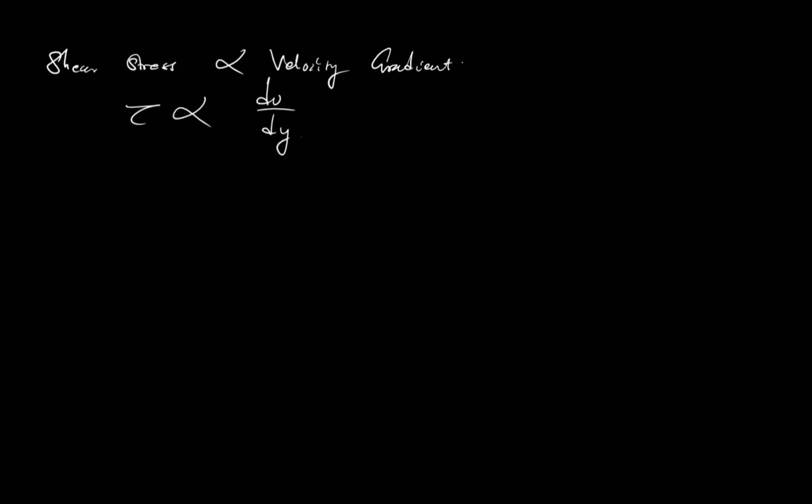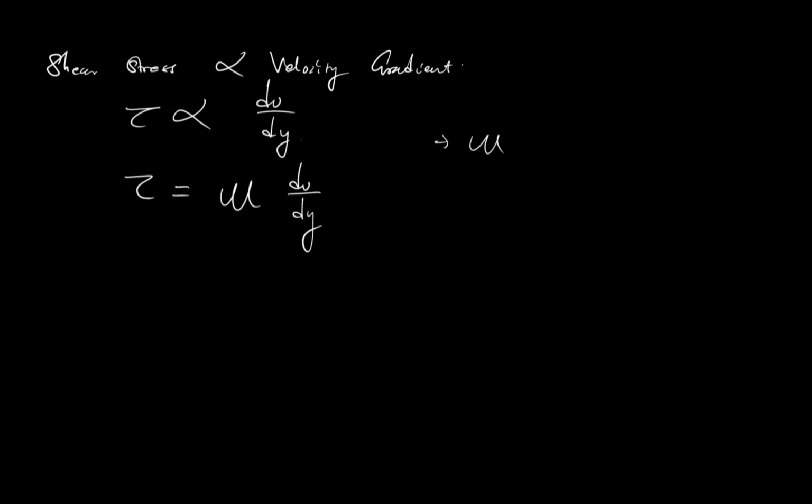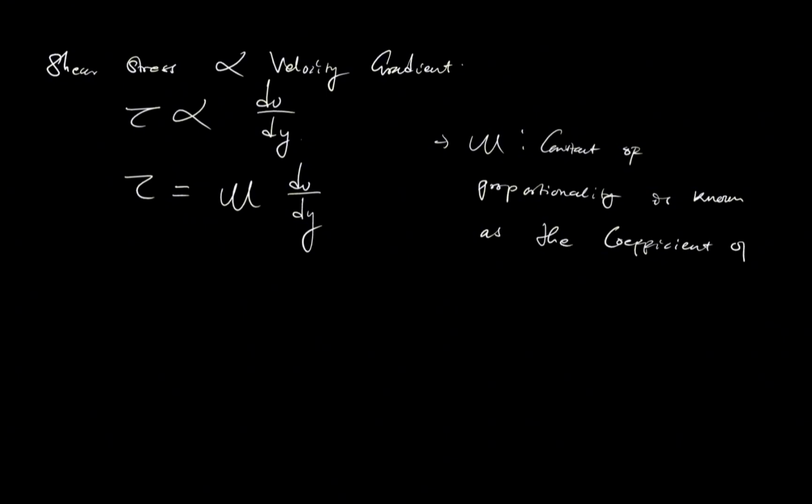In our case, we'll say the shear stress is equal to mu du over dy, where mu is the constant of proportionality, and this constant of proportionality is called the coefficient of dynamic viscosity, or basically just the coefficient of viscosity.